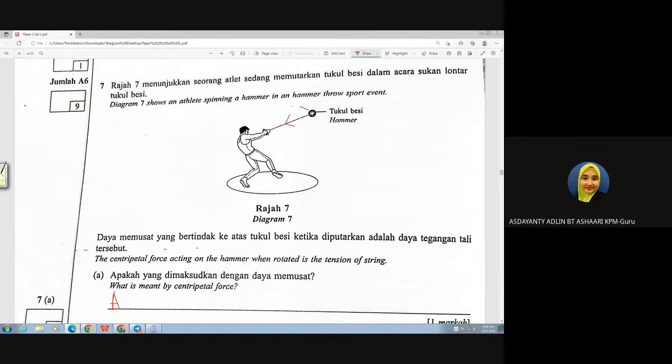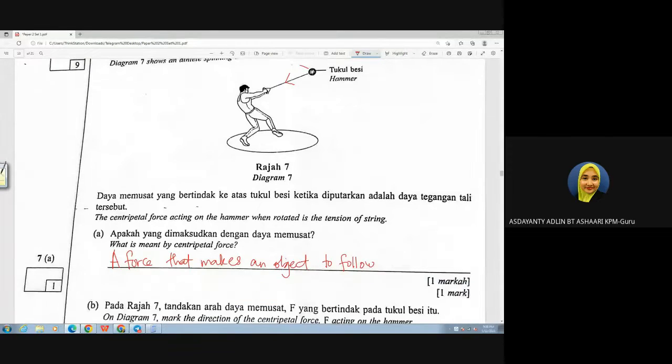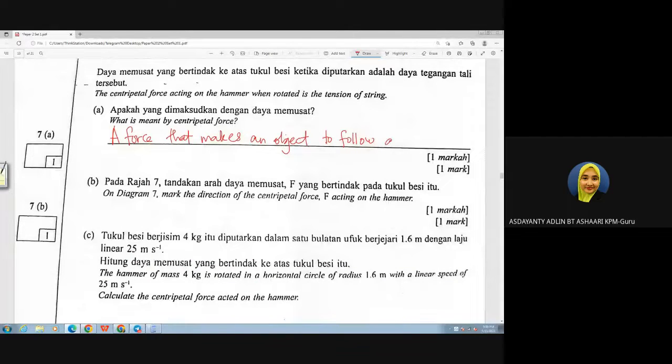Okay, a force that makes an object follow a circular path with direction always toward the center of curvature.